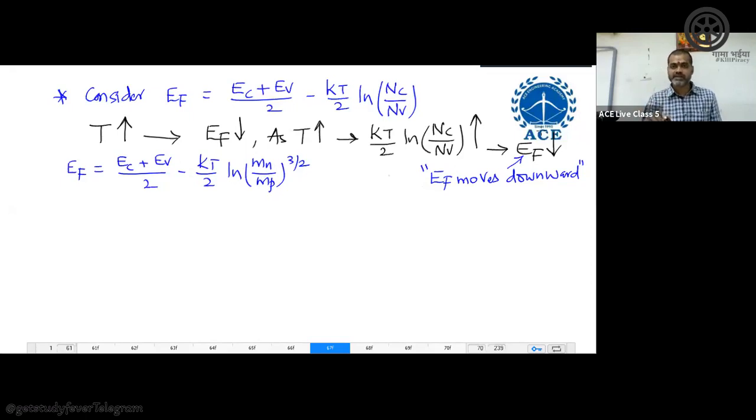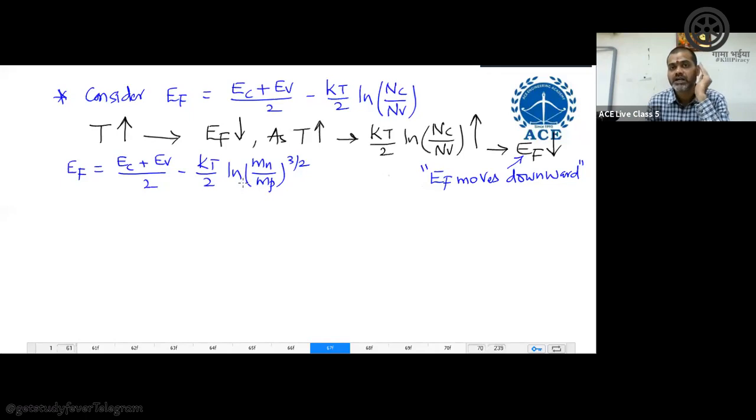Again, I'll ask my doubt. I put NC, NV and take the ratio; this is what we got. Now we know that mn is less than mp. If that is the case, mn by mp is less than 1. Taking the logarithm of that gives a negative value, and there is already a minus sign, so the total effect will be plus.